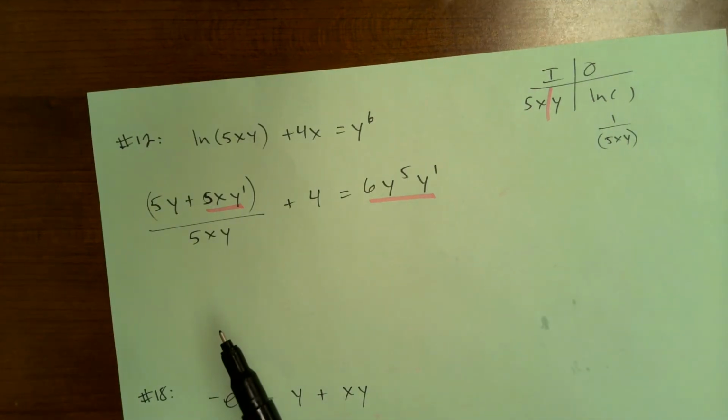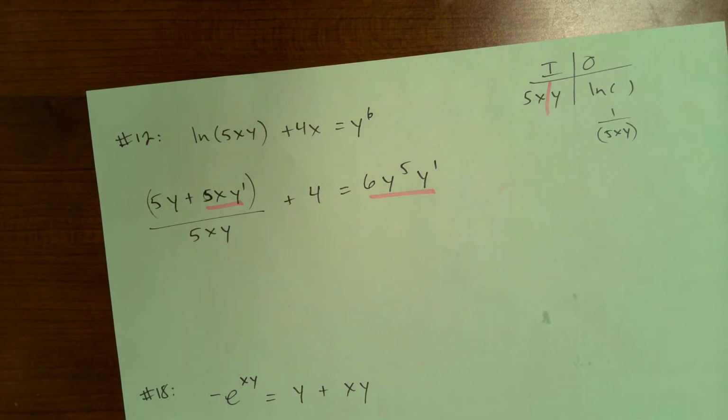Or we could put everything over 1 and cancel the denominator. That would work also. Shoot, what would I do if I was on my own? If I was on my own, I would just cancel the denominator. All right, so yeah, let's do that.